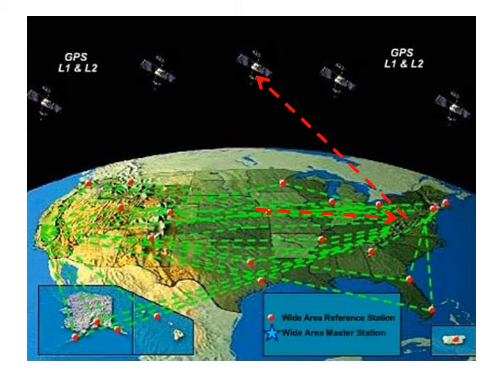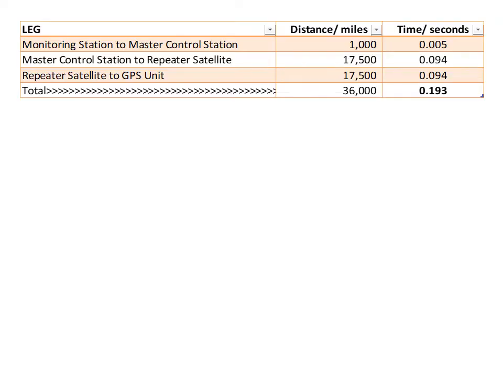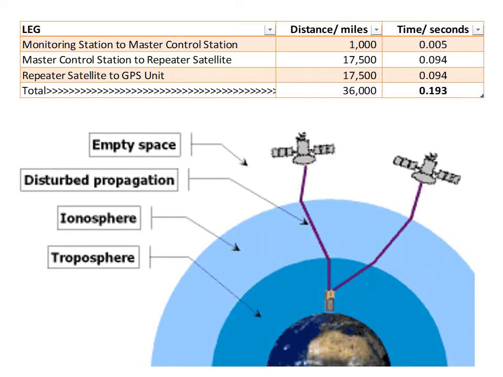So that's another 17,000 miles or so. And then from there, the correction signal has to get back to Earth and your GPS unit. Even at the speed of light, each leg takes time. The cumulative effect is that all of your correction factors will be about 0.2 of a second old by the time your GPS unit can use them. The atmosphere can do a lot of shimmering in 0.2 of a second.